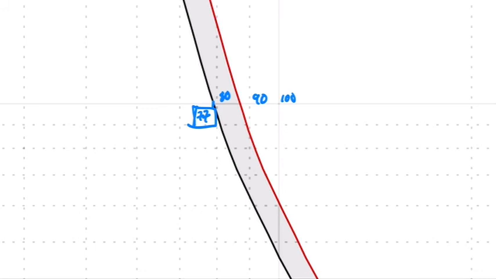We can say that's 77 amps on the black line, and on the red line, we are between 80 and 90. That looks like it's somewhere around 86 amps.